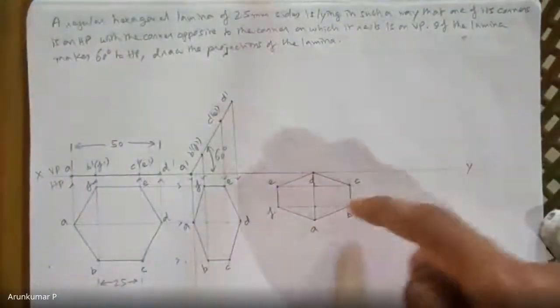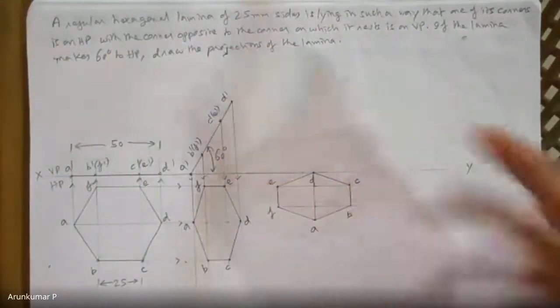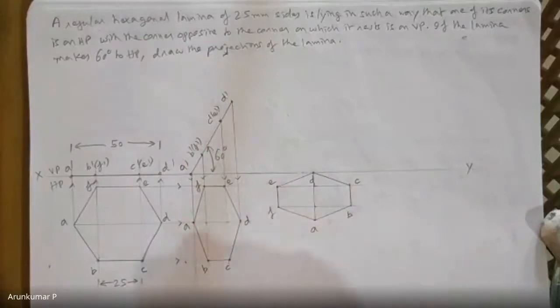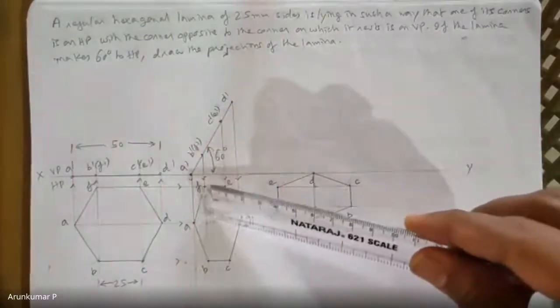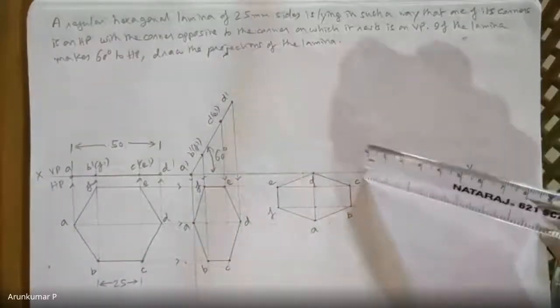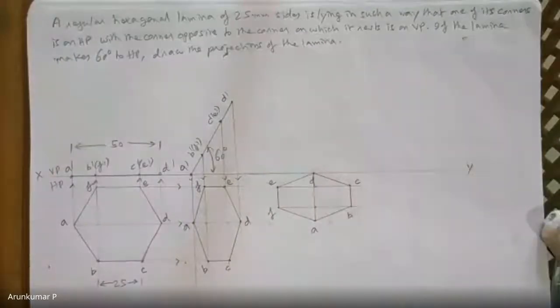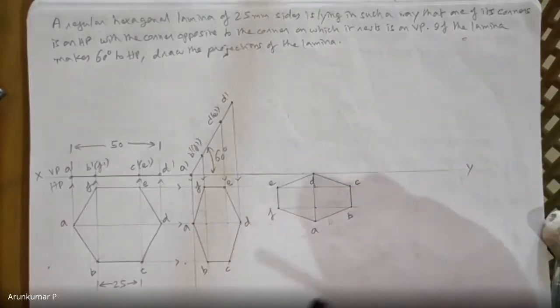So with respect to A and D, I can locate B, C, E, and F using the rounder. Or by using this method, scale: find out the distance from A, from D, draw the horizontal line, find out this distance, mark it here. So whichever you are comfortable with, whichever you feel is more accurate and fast, you can go ahead with that.